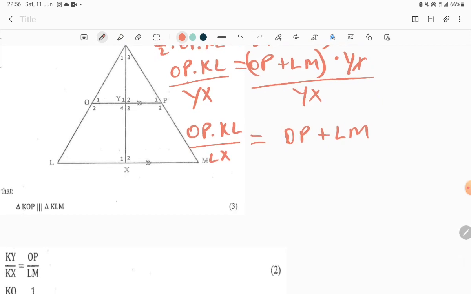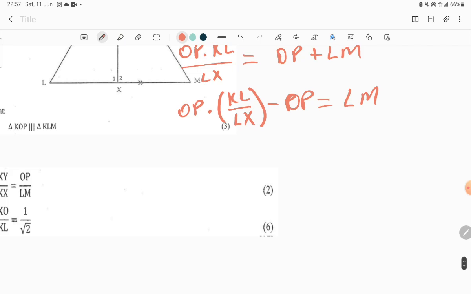Now, if we take this OP to the side, we have OP times LK over LX, then minus OP is equal to LM.